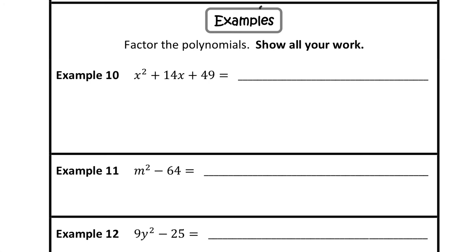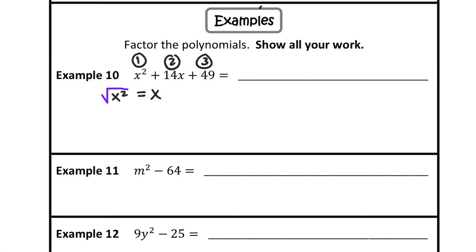So factoring polynomials, factor the polynomials. So we have to figure out, is this a special case? Are there 3 terms? I have 1, 2, 3. 3 terms? Yes. Then I want to check, can I square root the first term?